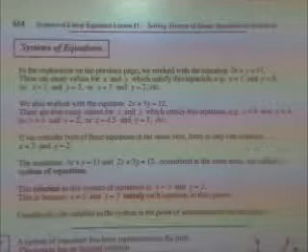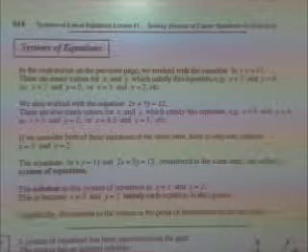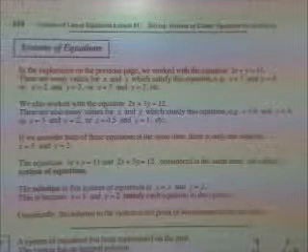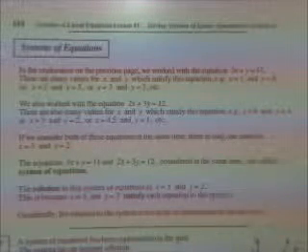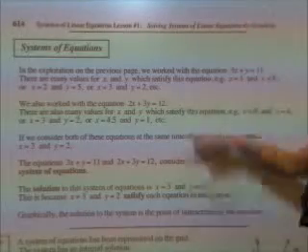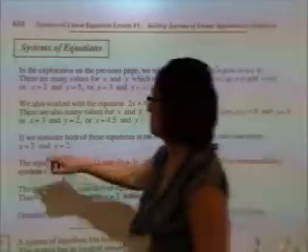The solution to this system is the point that's common to both graphs, which graphically is their point of intersection. Where the two graphs intersect is the point that they have in common. So if we can determine that point of intersection, we have the solution. And that's really what all of this stuff in here explains.